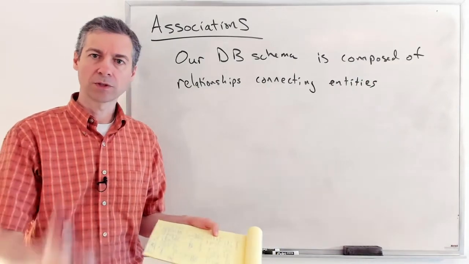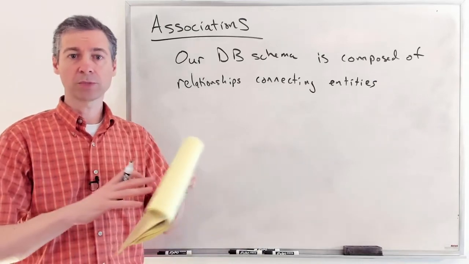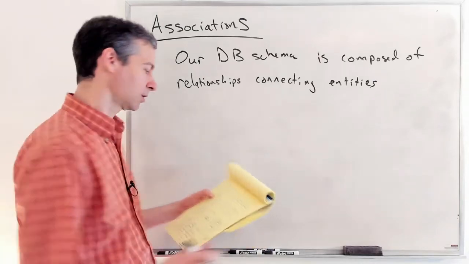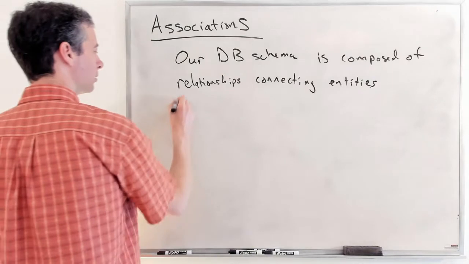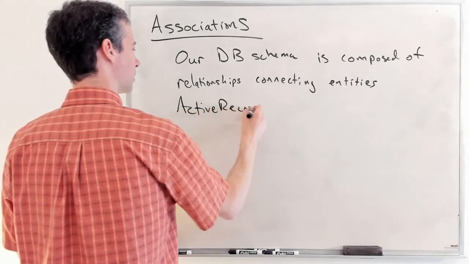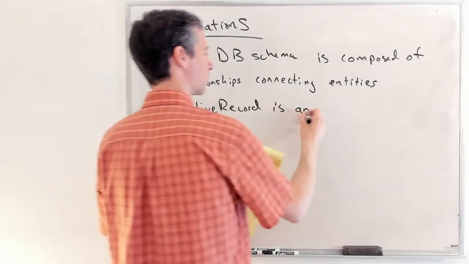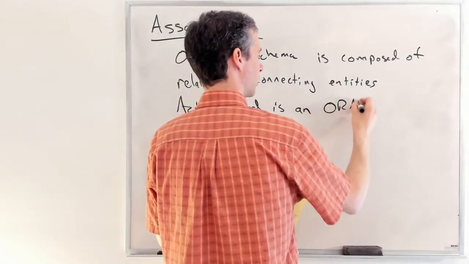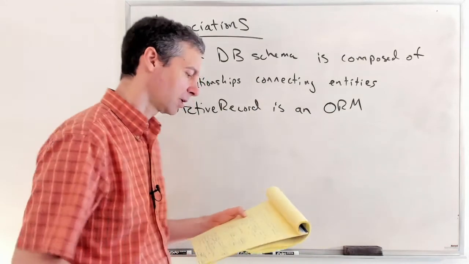Now, what I've shown you so far is, hey, we can build an Active Record model. So remember that Active Record is an ORM. So that's an object relational mapping.